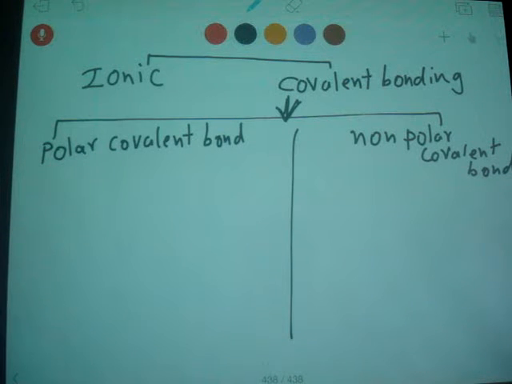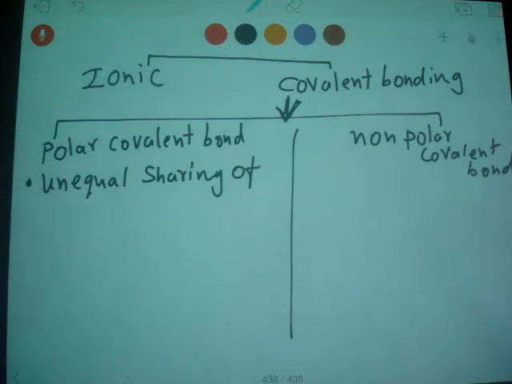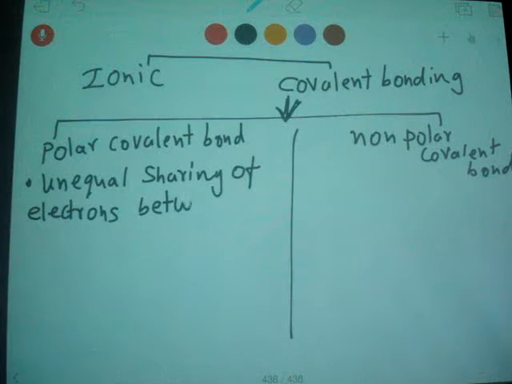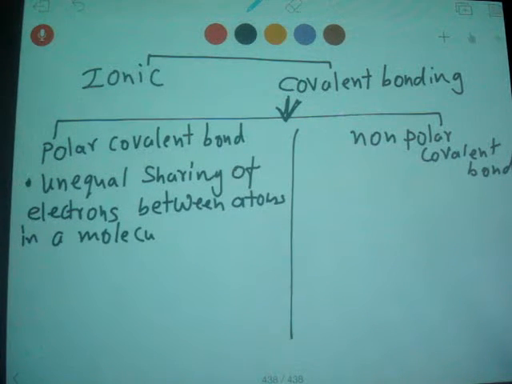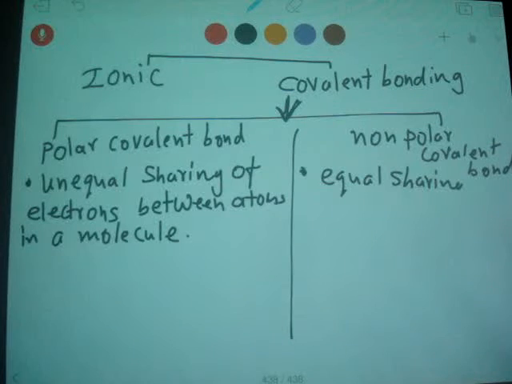In polar covalent, we said unequal sharing of electrons between atoms in a molecule, and in non-polar you can say equal sharing of electrons between atoms.